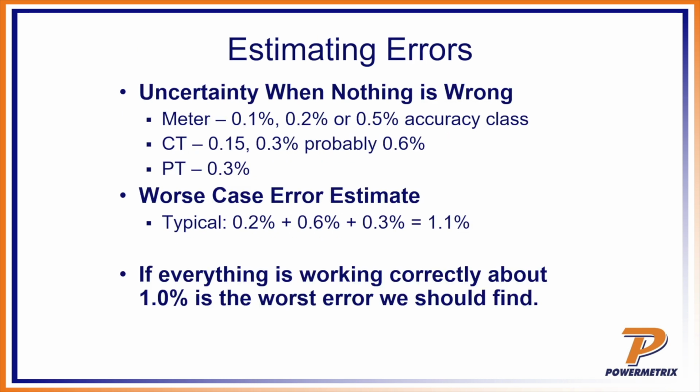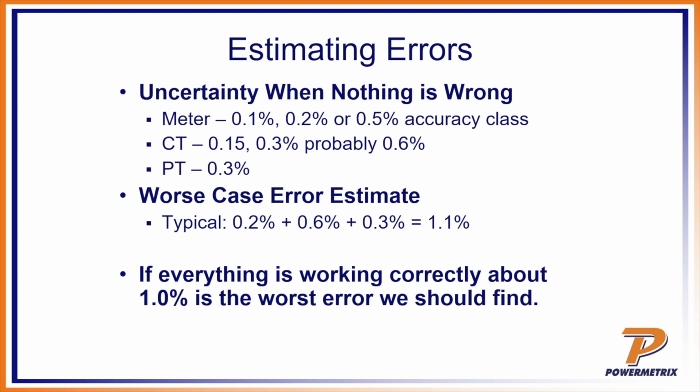And so, estimating errors, uncertainty when nothing is wrong, okay? What we want to talk about is what is the best case scenario. We know that the meters have a 0.1%, 0.2%, or 0.5% accuracy class. The CT itself is a 0.15%, or a 0.3%, or probably a 0.6%, okay? And the PT is a 0.3%.